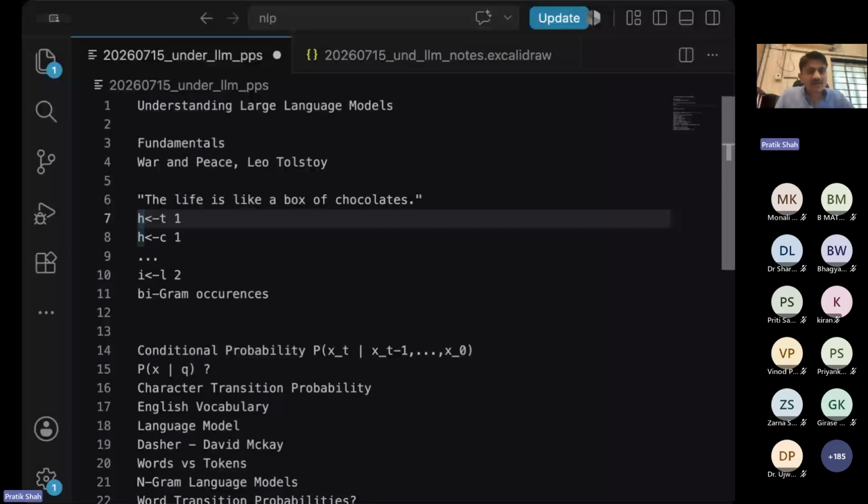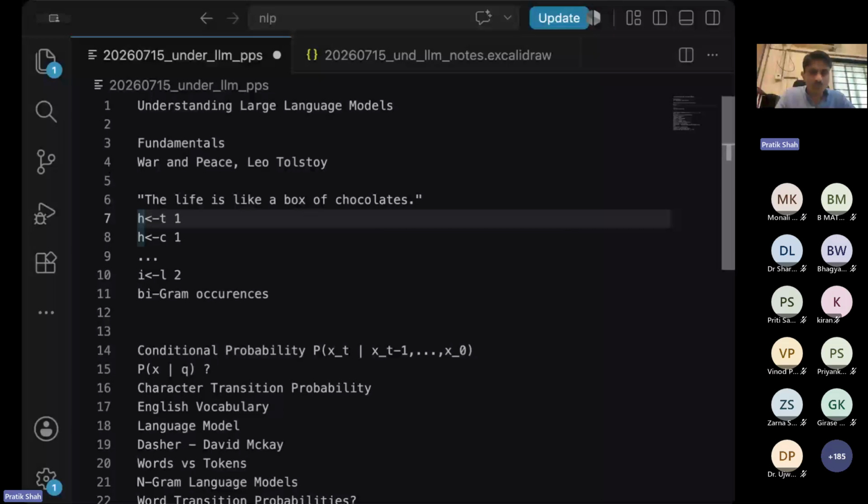And then I have normalized them, saying that the number of times a particular alphabet comes after A to Z should add up to 1. So some sort of a probability saying that whatever outcomes are there after T, all of them should add up to 1. The probability with which H comes after T, A comes after T, B comes after T, C comes after T, up to Z comes after T should all add up to 1.